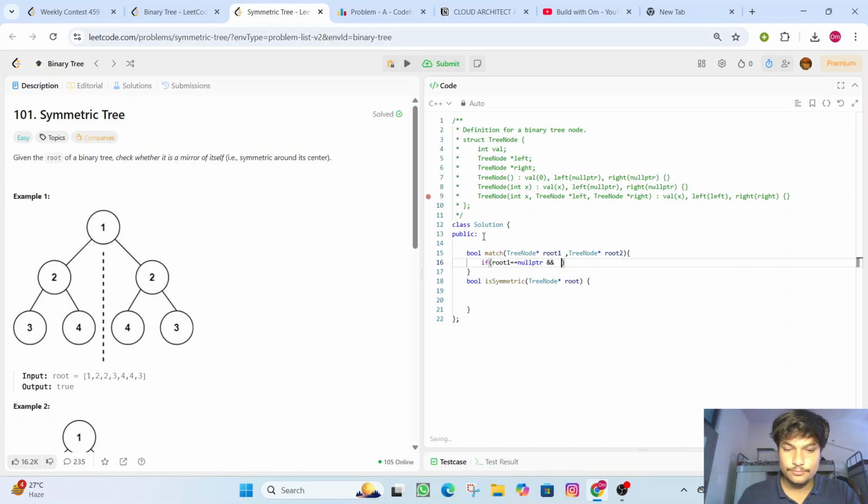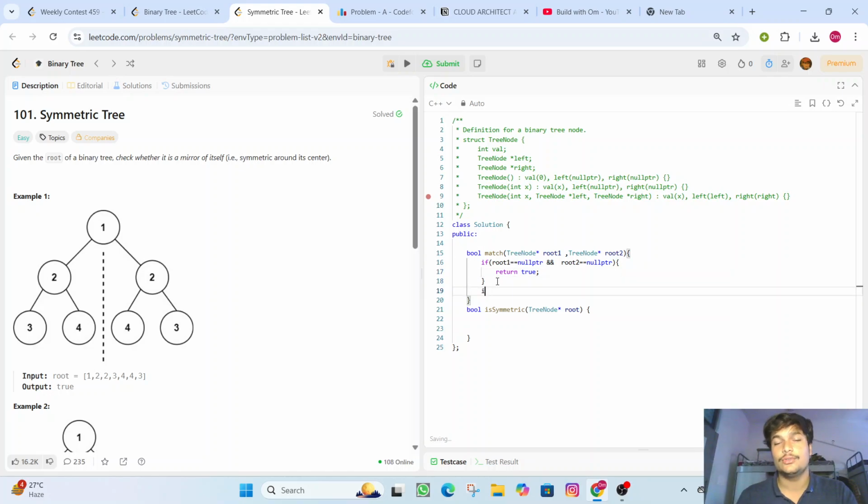So root1 equals nullptr and root2 equals nullptr, then we write return true. After that, we can also check the condition: if one of the nodes is equal to nullptr, then they are not symmetrical, so we have to write a false statement.